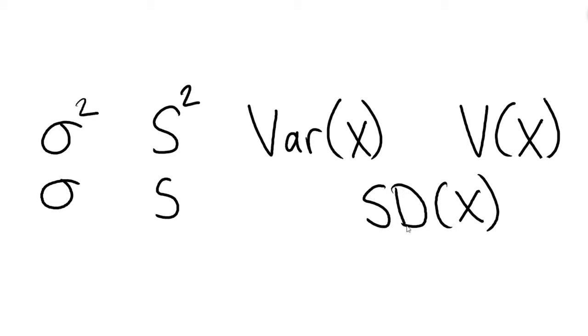So variance for x or standard deviation for x. I don't know how common V(x) is, but it's usually the one that I personally use just because it's shorter to write. But both is fine. As long as you don't have two different meanings that could be V, you could totally use V.